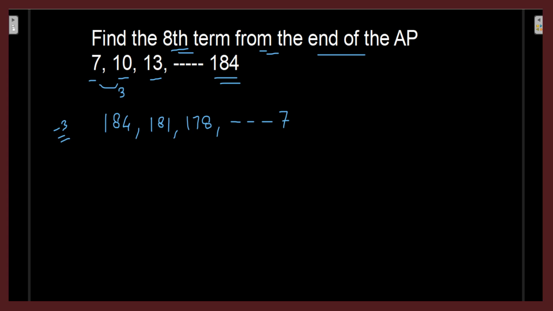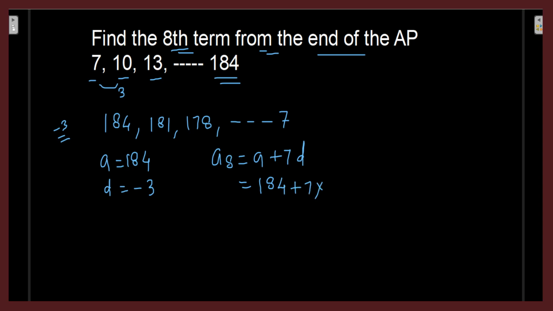And now here a is equal to 184 and the common difference is equal to 181 minus 184, that will be minus 3, and we have to find the eighth term now. So a8 is equal to a plus 7d. Here you know a, put the value, that is 184 plus 7 multiplied by d, and what is d? It is minus 3.